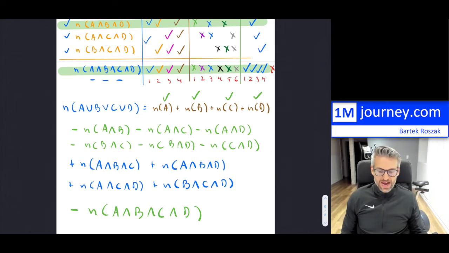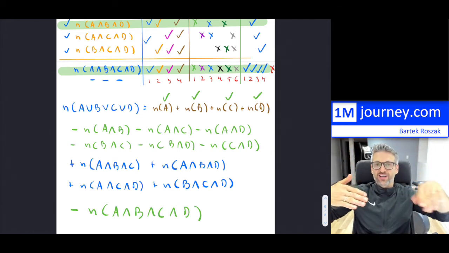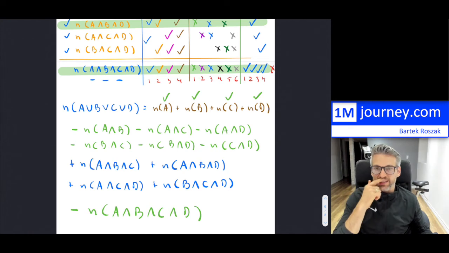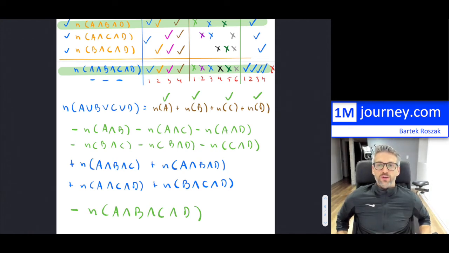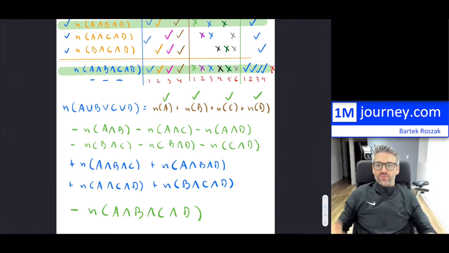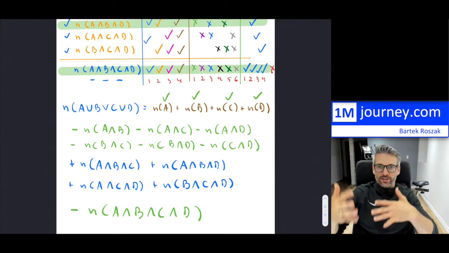So notice the pattern. Add, subtract, which is interesting because if you would see the example where there were 3, then you would be adding, subtracting, adding, right? If you were only doing 2, it was add, subtract. So there's a pattern in between.